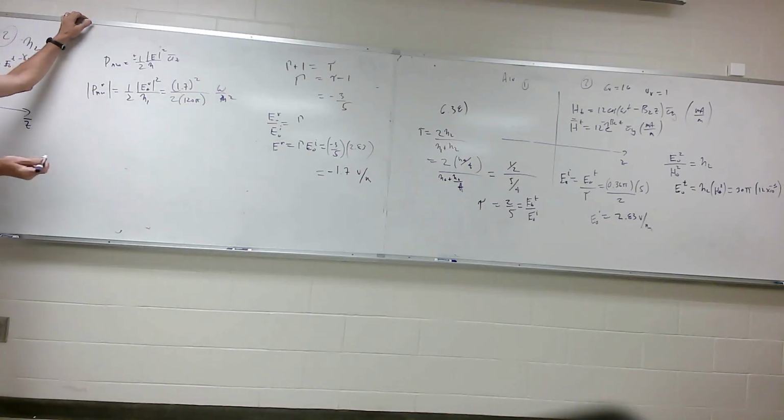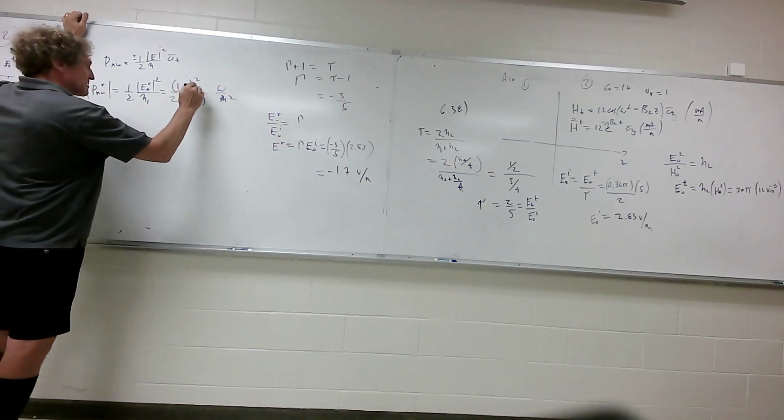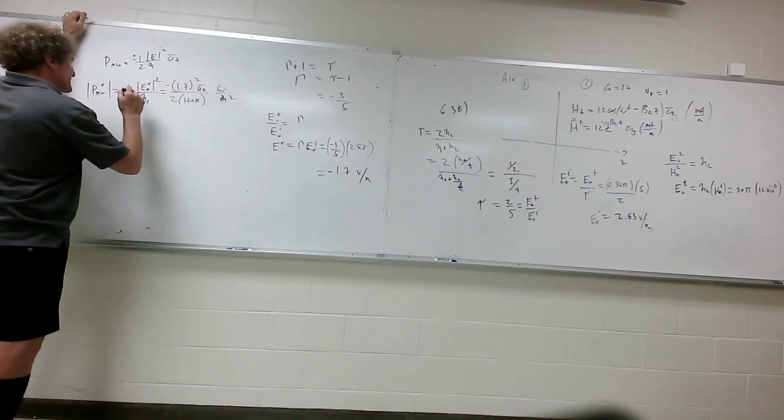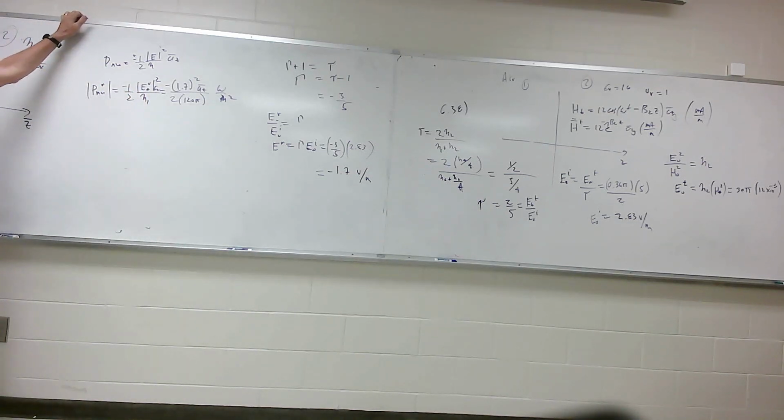I'm implying it's propagating in the negative Z direction, so I don't put a negative sign. Are you all with me, class? I could put AZ here and a minus sign if I really wanted to be a stickler, but I understand it's going in the opposite direction.